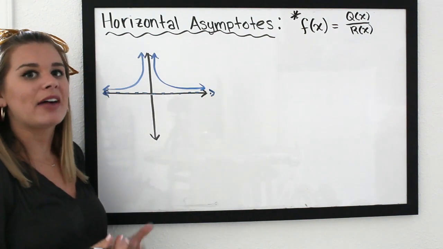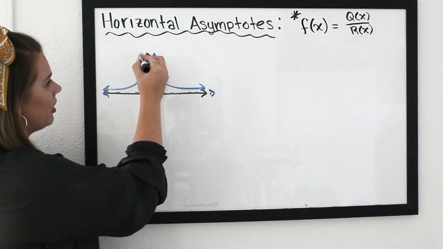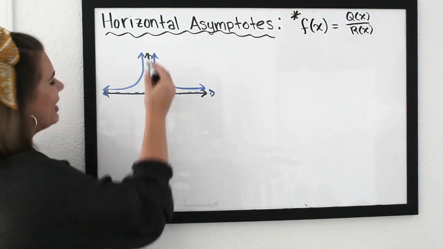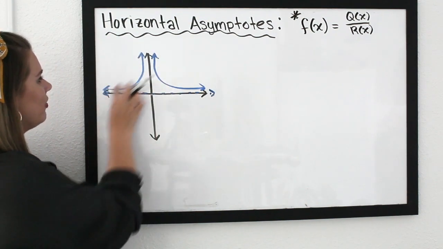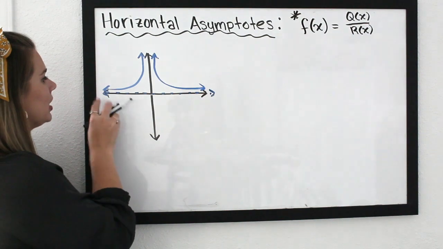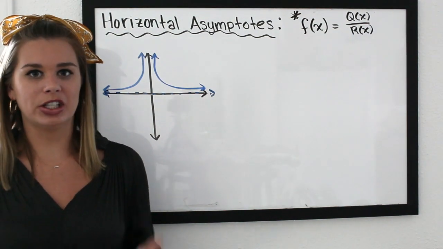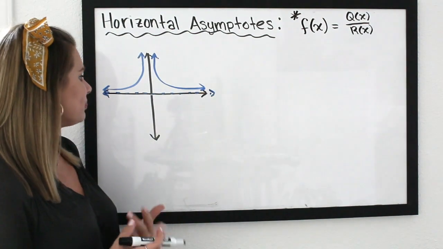So here, we'd have a horizontal asymptote of 0. Now, same idea over here. As x goes off to negative infinity, our values are getting really, really close to 0. So this would be an example of a function that has a horizontal asymptote at 0.